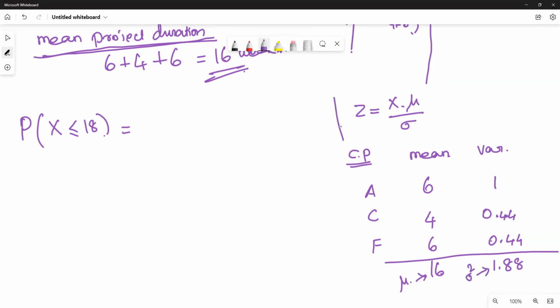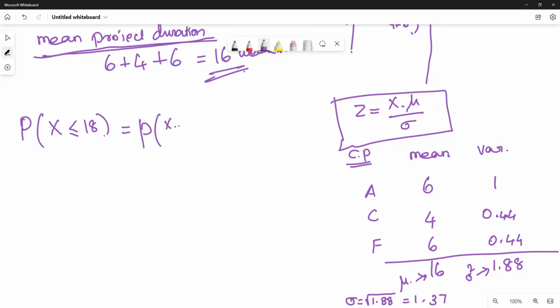Actually, to substitute in the normal distribution, we need sigma, the standard deviation. So from sigma square, let us find sigma, which is the square root of 1.88, which we have calculated as 1.37. So finding the probability of x less than or equal to 18 is the same as subtracting mu and dividing by sigma on both sides.